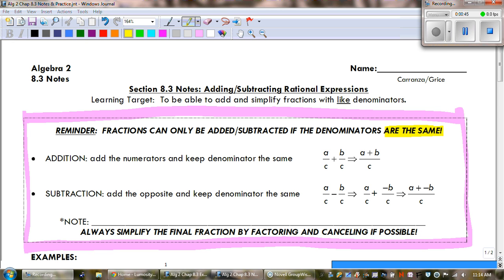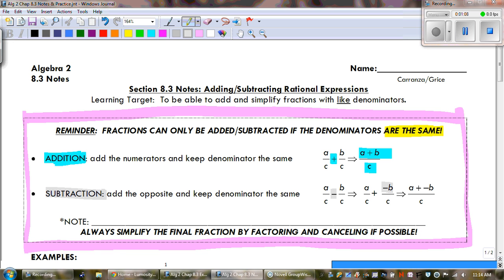We have two different operations. First, there's addition. The denominator stays the same, and we add the numerators. If it's subtraction, we have to make sure that we're adding the opposite, distributing the negative sign.